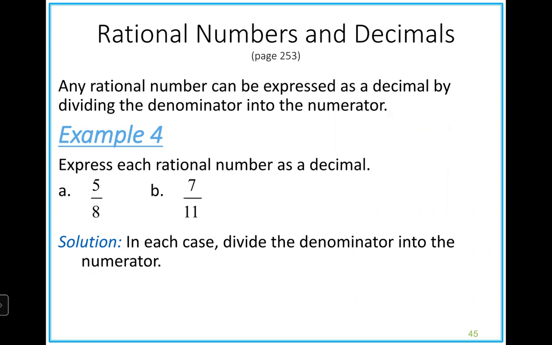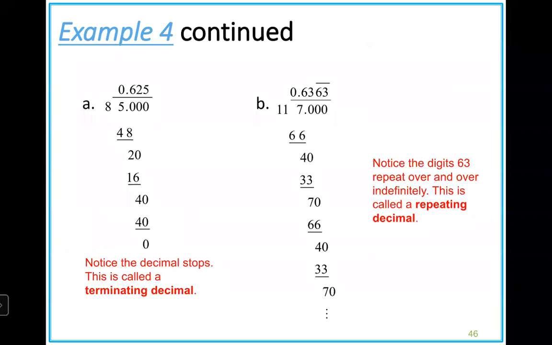So we can rewrite this in decimal form. And with your calculator, you can easily work that out by just saying 5 divided by 8. And in the second one, 7 divided by 11. All right, so you're just going to divide the numerator by the denominator.